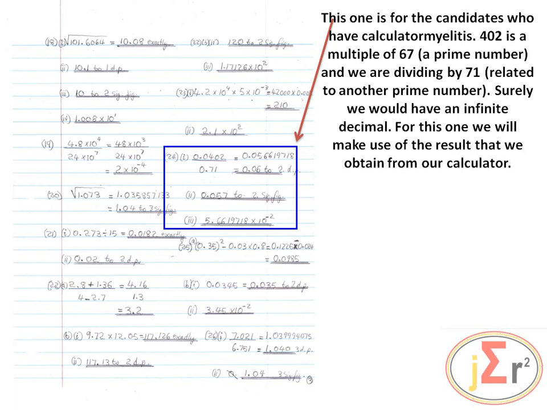So not quite 71, but a number that is related to 71. And of course, 71 is a prime number, which is the number that 0.71 is related to. Surely we would have an infinite decimal. For this one, we will make use of the result that we obtain from our calculator.